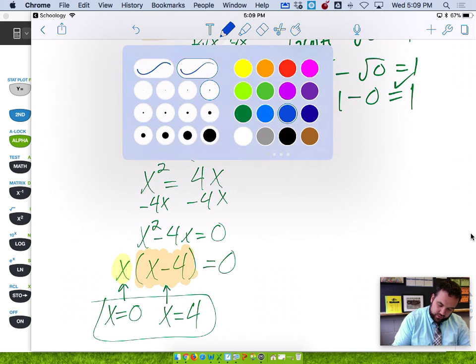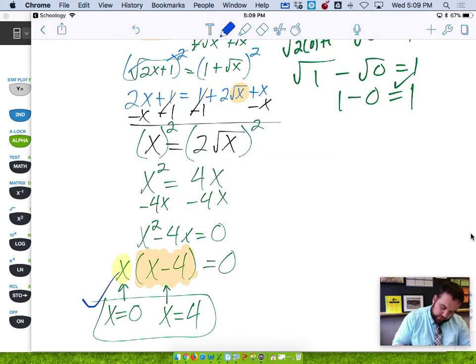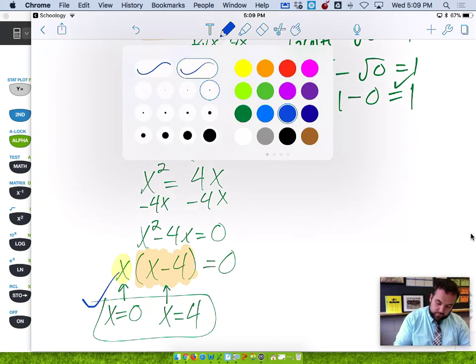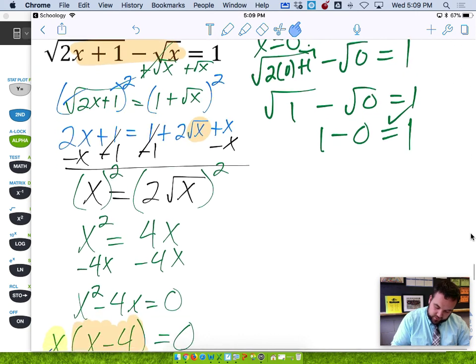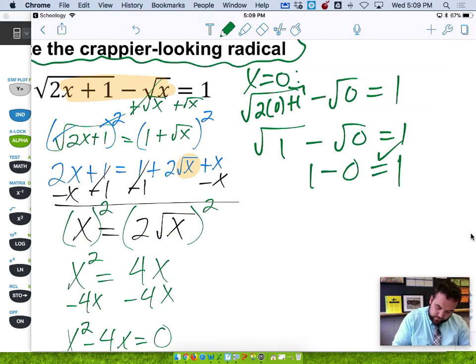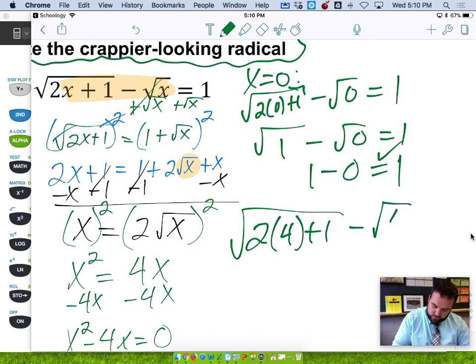Okay, so here I can mark something off. x equals 0 is good. I'm going to do the same thing with 4 real quick. I'm going to check positive 4 to see if the square root of 2 times 4 plus 1 minus the square root of 4 is equal to 1.